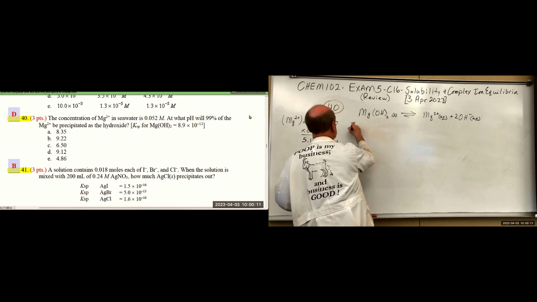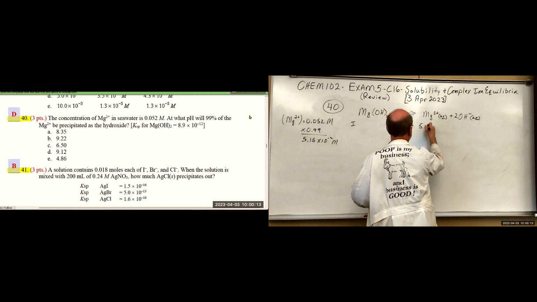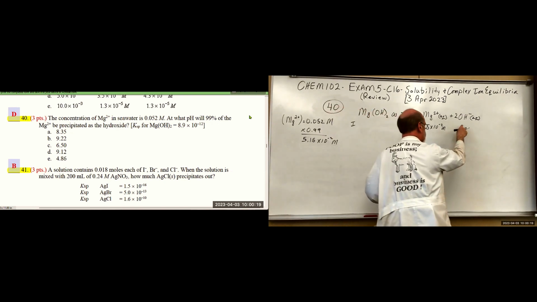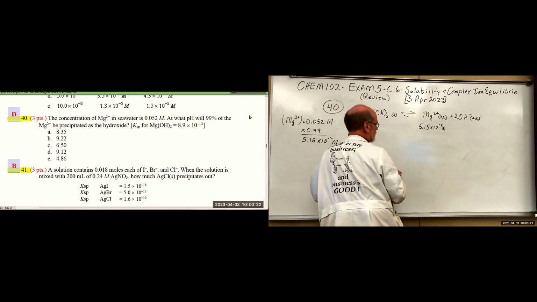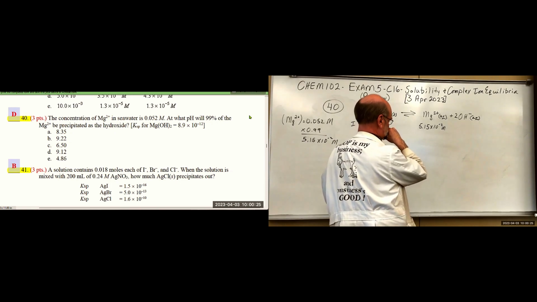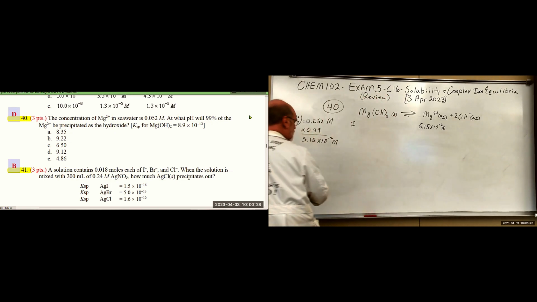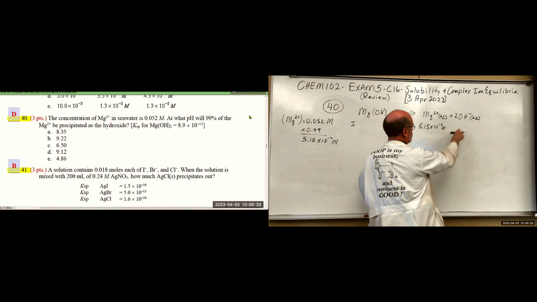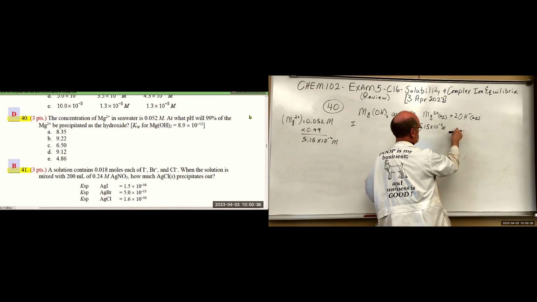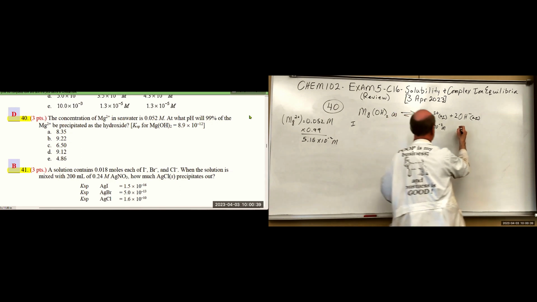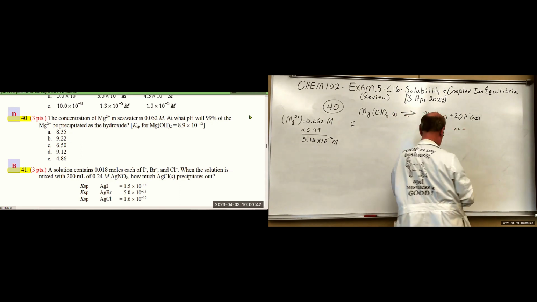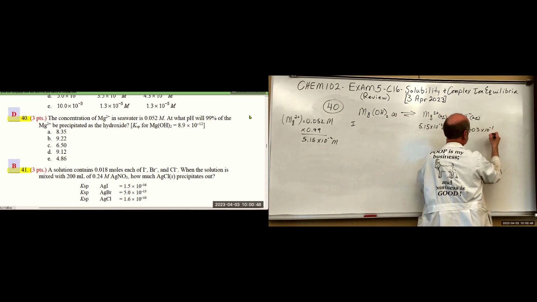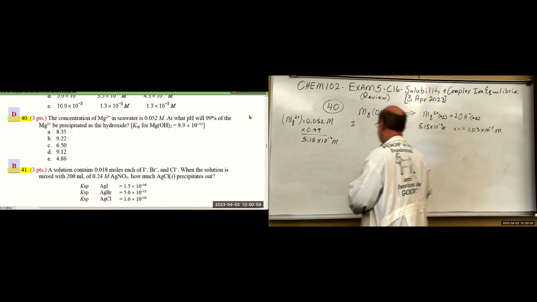So initially, we have 5.15 times 10 to the minus 2 molar. And we want to know what's the concentration here that will precipitate that. Well, let's see. We need twice this many, don't we? Twice that many, right? Times 2. Times 2 equals 1.03 times 10 to the minus 1 molar hydroxide.